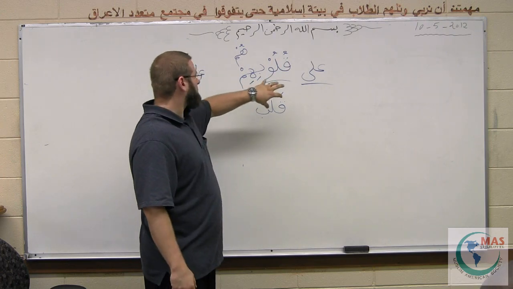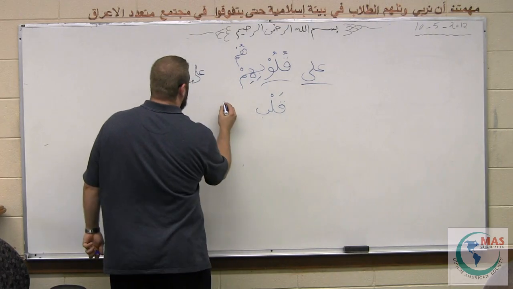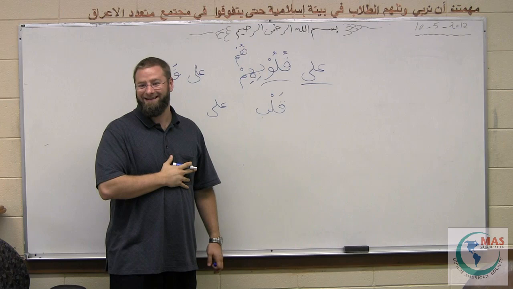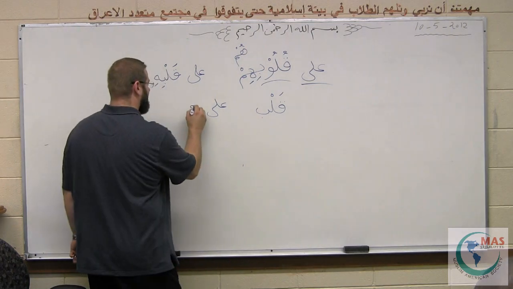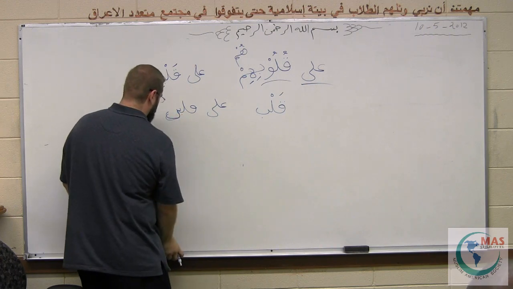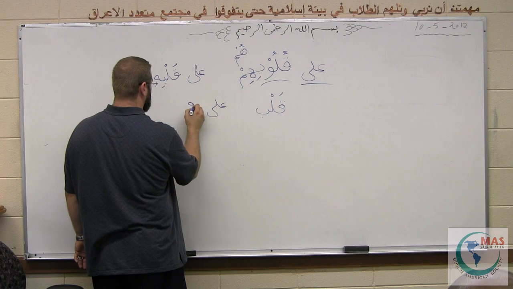Ala qulubihim. So now let's just look at each one. Ala qalbi. You cannot have ala qulubi. We don't have more than a heart. Ala qalbi, on my heart. I'm totally mixed that one up. Ala qalbi.